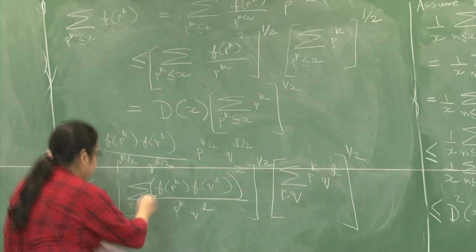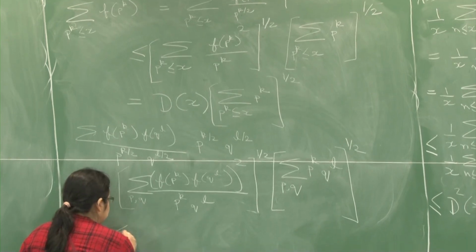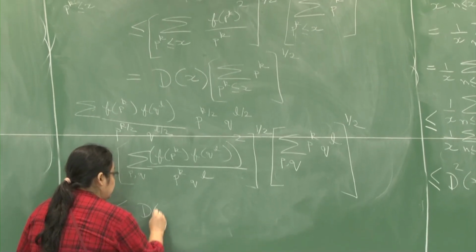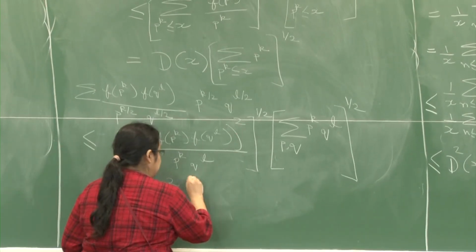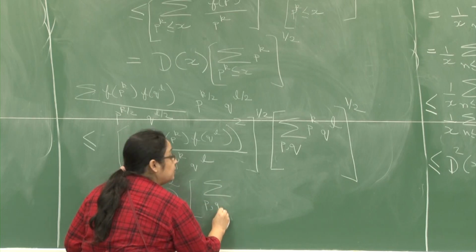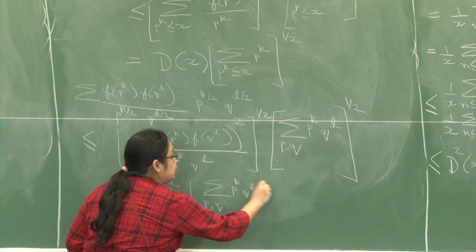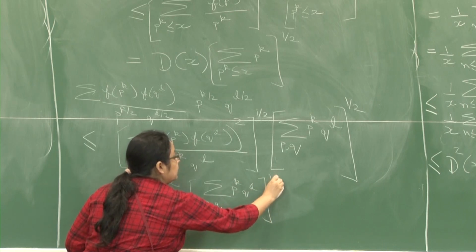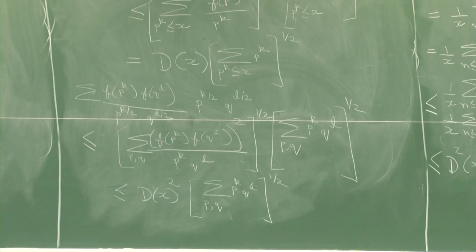So this is less than or equal to d of x whole square times something which again does not depend on f at all. Okay.